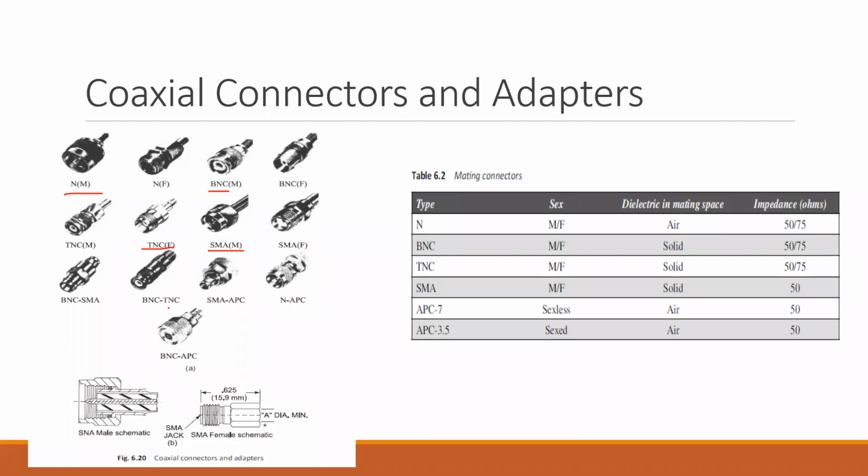Under this, we can have different specifications. We can have it specified as a male connector or a female connector, or sometimes it can consist of both male and female. Sometimes it will not be classified as male or female. These are a few of the classifications we can observe.